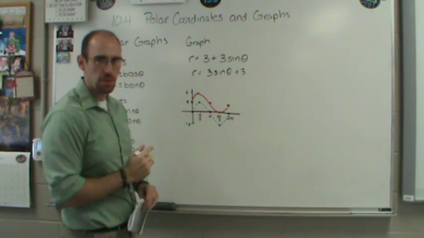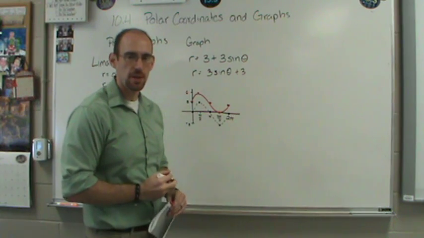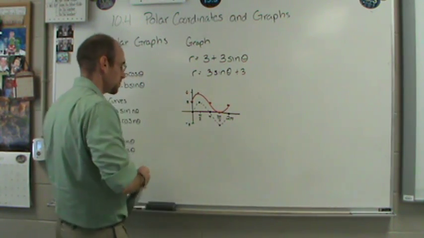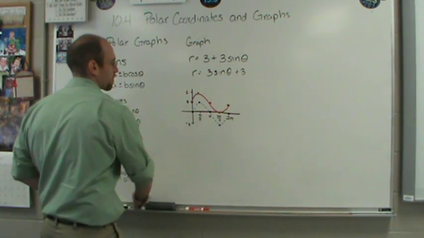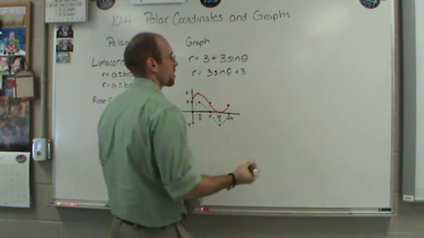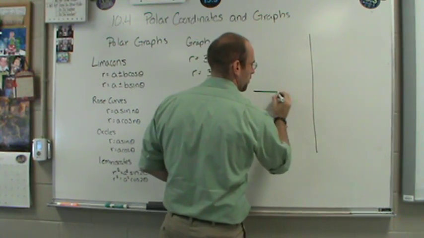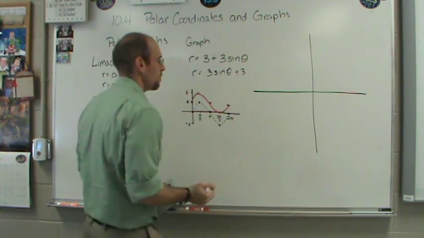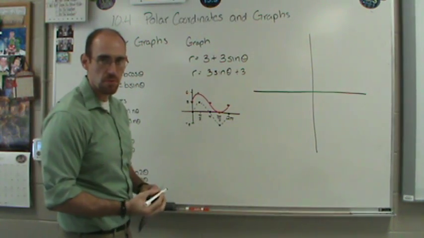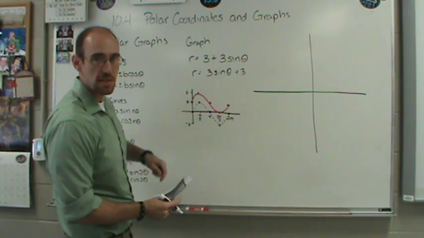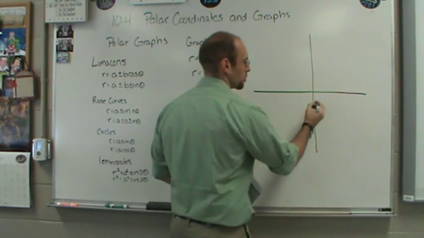All right, well now let's apply these points to what we looked at yesterday with plotting points on a polar coordinate system. All right, well what's the highest value we're going to have here? And if you look, the highest value is 6. So we're going to make 6 concentric circles.